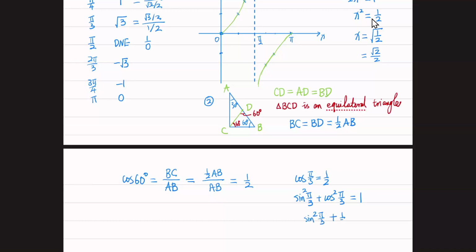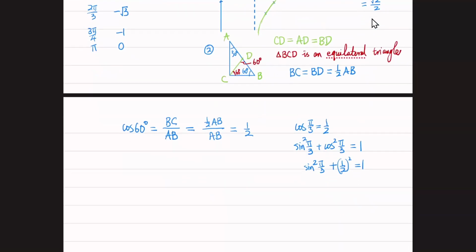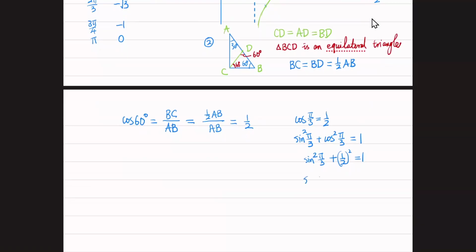We know that a fourth plus 3 over 4 equals 1, and we square root 3 over 4, and then we get root 3 over 2. The square root of 3 over 4 is square root of 3 over 2.